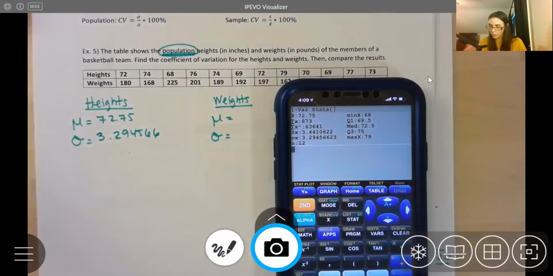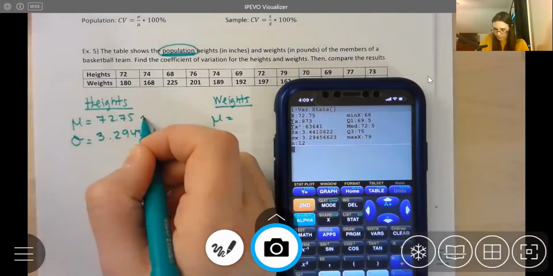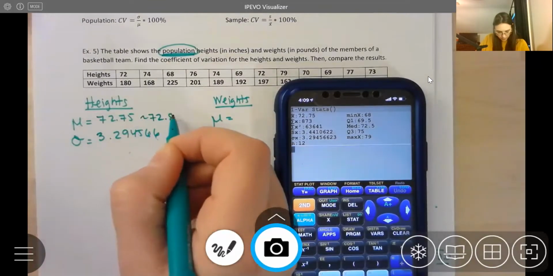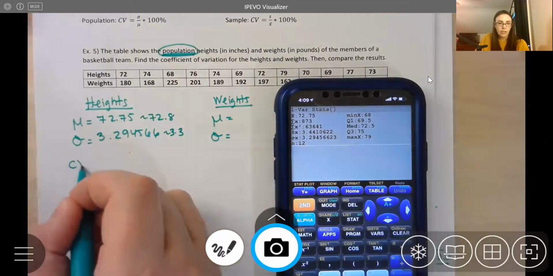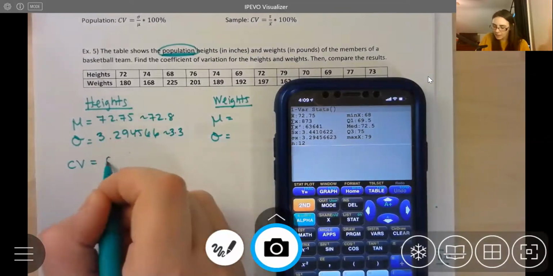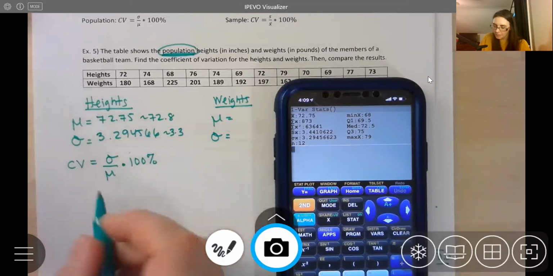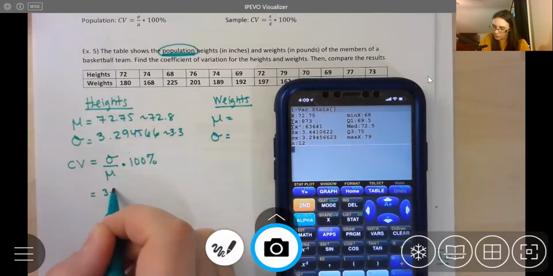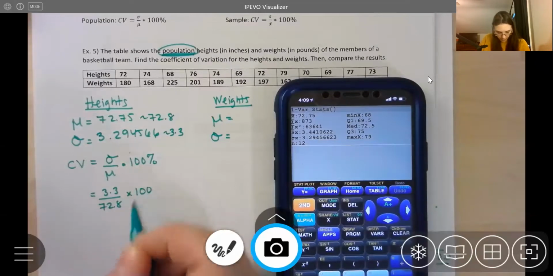Now, we're going to end up rounding here. So what your book is going to have you use is about 72.8 and then about 3.3. Again, we tend to use one decimal place more than the data set. Our formula is sigma over mu and then multiply by 100 to get a percent. So I'm going to take that 3.3 divided by 72.8 and then multiply that by 100.